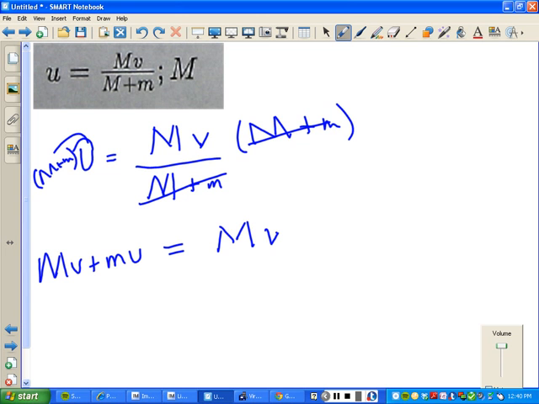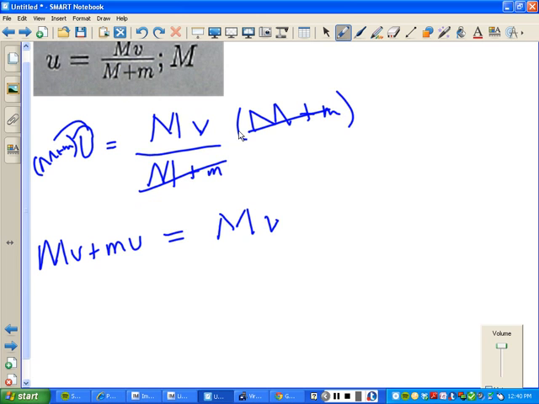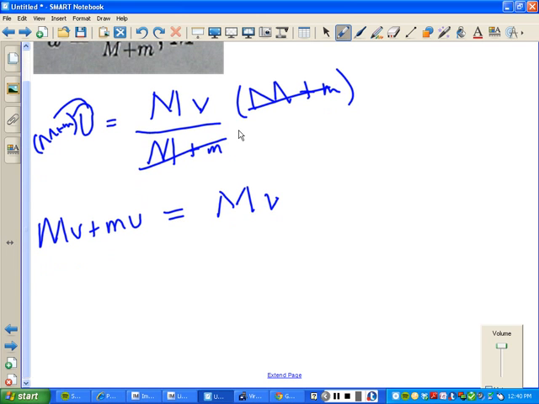What are we solving for? Big M, yes. We're solving for this piece and this piece. If it shows up twice, what do we have to ultimately do? Shows up twice, we ultimately have to factor.